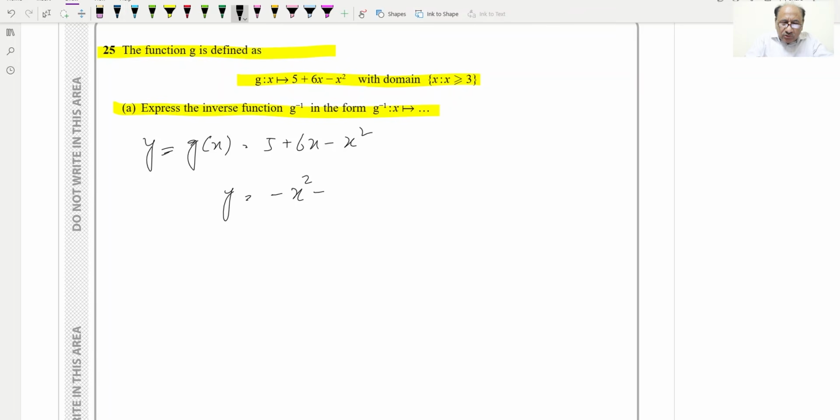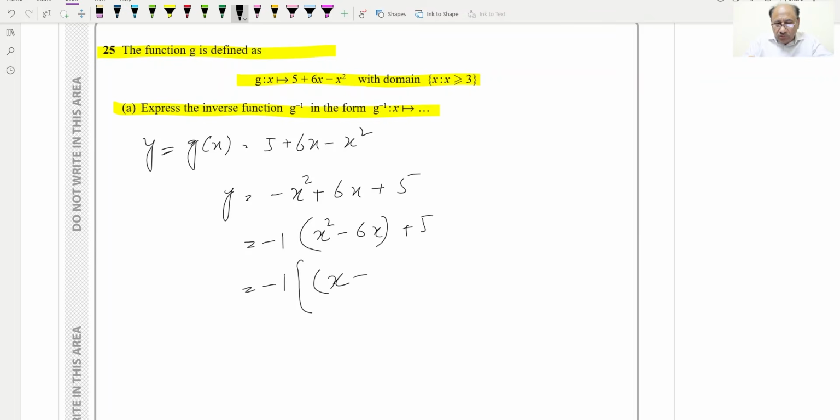Now we have to make x the subject, so we can write y equal to, basically rearranging it, minus x squared plus 6x plus 5, and we can take minus 1 common. We are basically completing the square, so minus 1 common, and inside will be x squared minus 6x, and this will be plus 5. Hopefully you know the completing the square method.